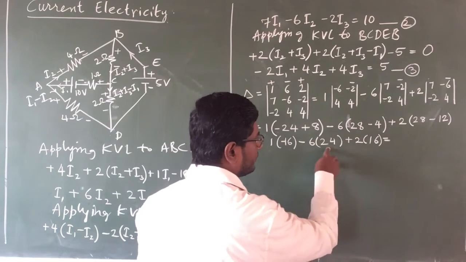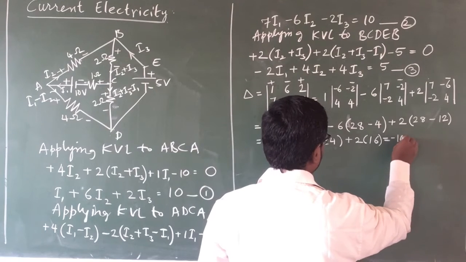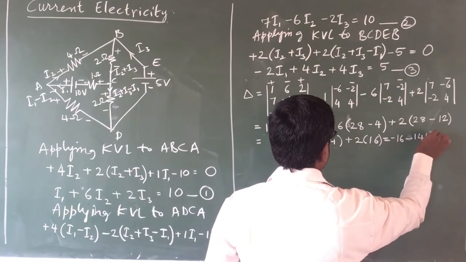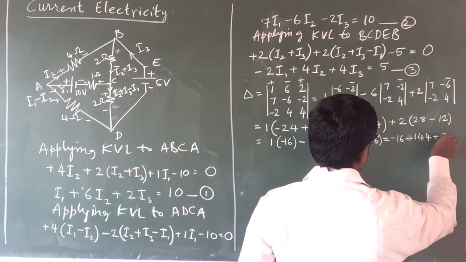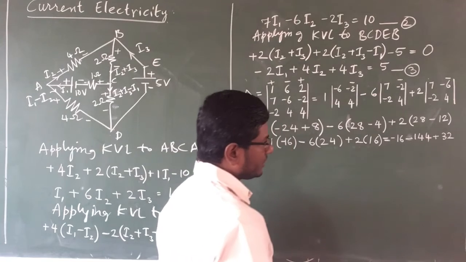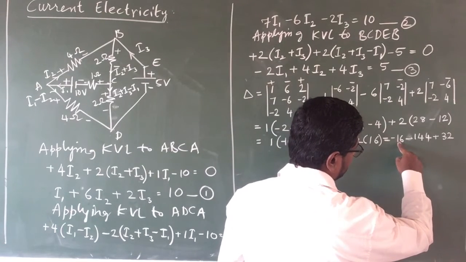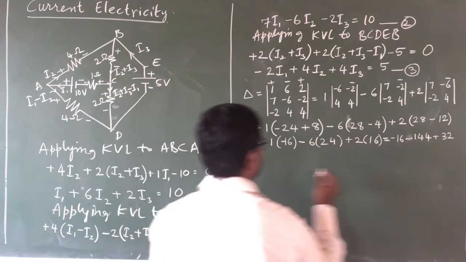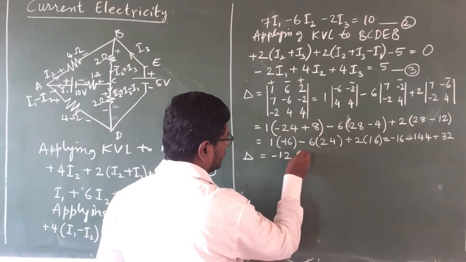Yeah, it will be 144, and this is again 2 into 16, 32. So it is minus 16 minus 144, and then there is a plus 32. So now this is going to give me 128. So delta value is 128.